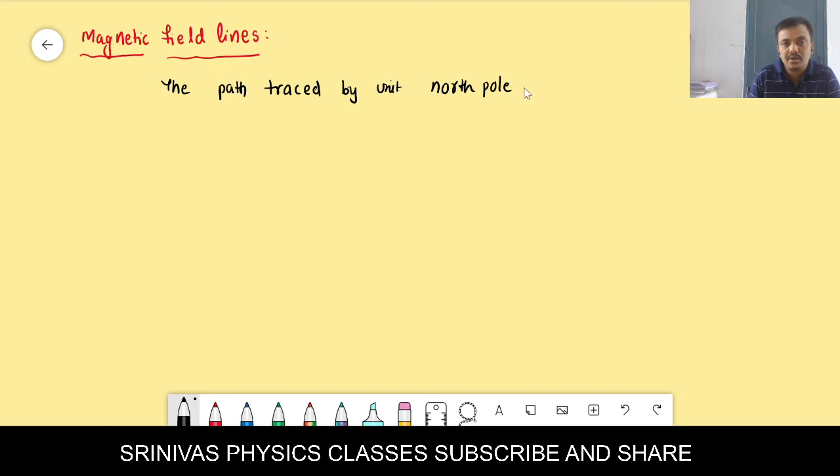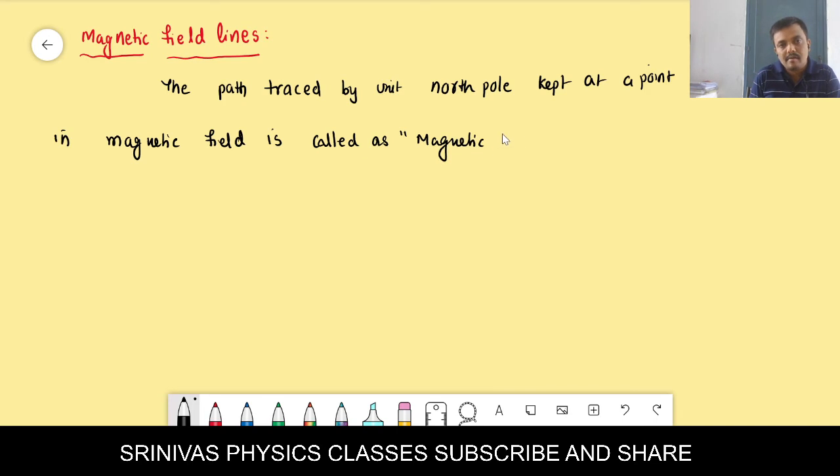The path traced by a unit north pole kept at a point in a magnetic field is called a magnetic field line.